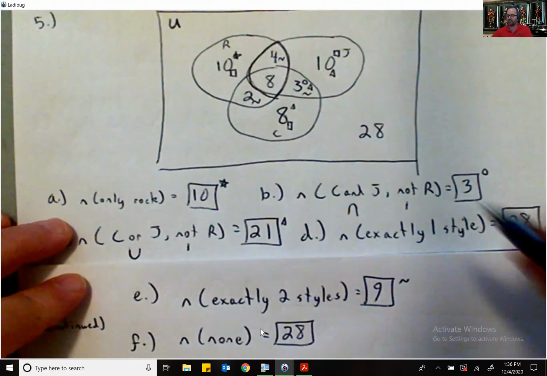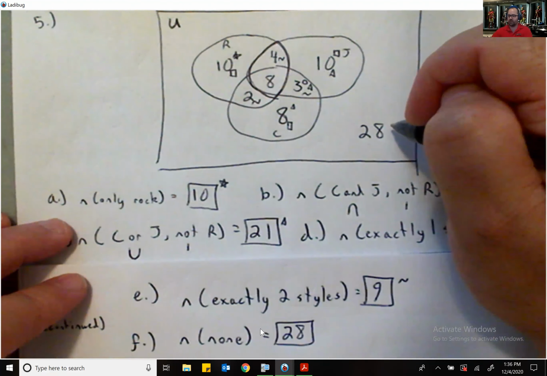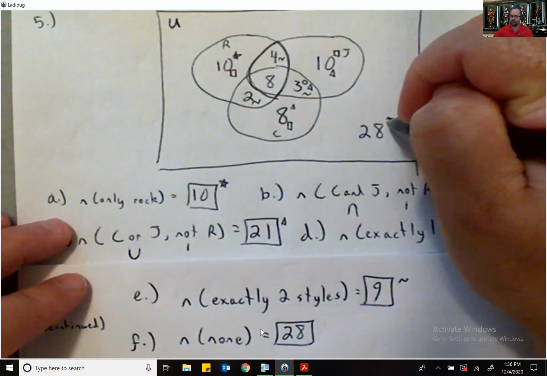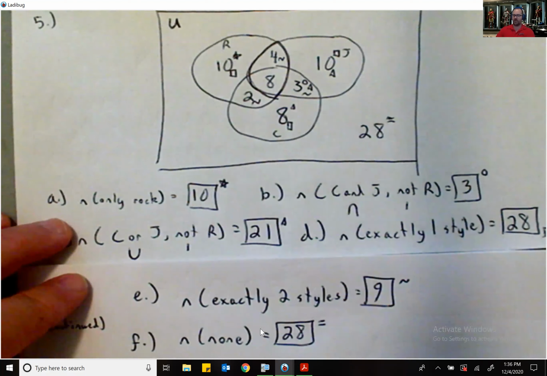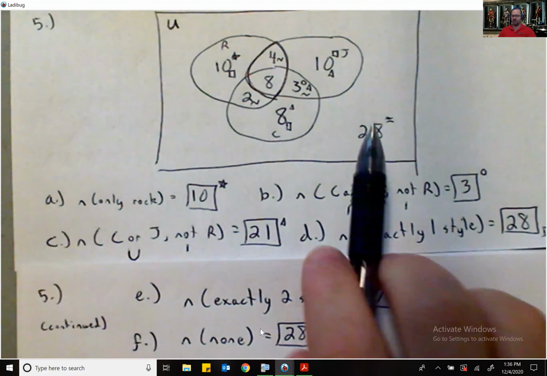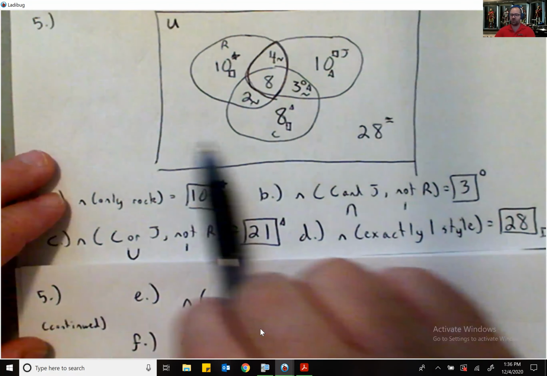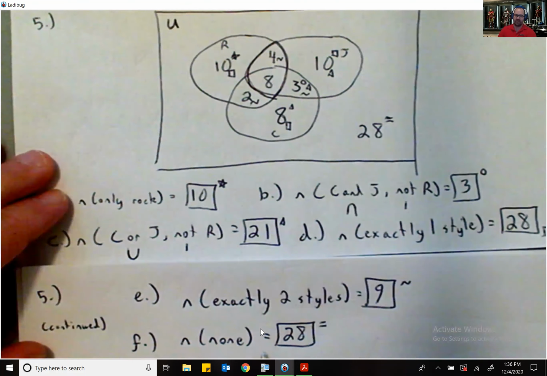So let's put an equal sign. There you go. So 28. These are the people that listen to none. Perfect. The big key to this is making sure you get your Venn diagram right, because everything else is based on that Venn diagram.